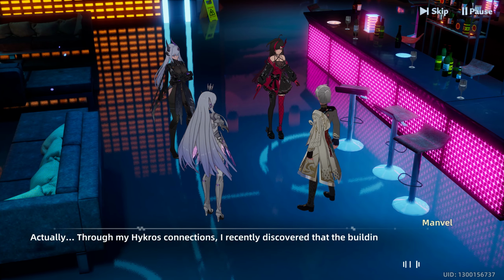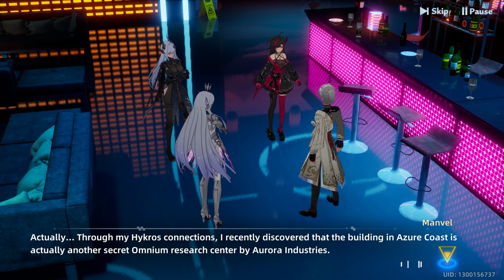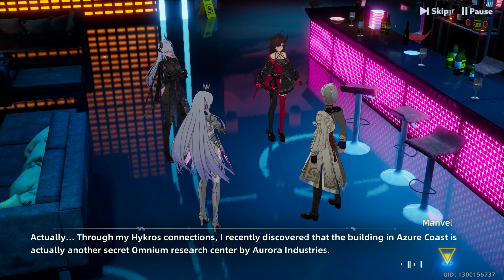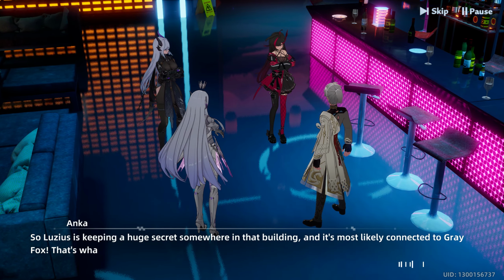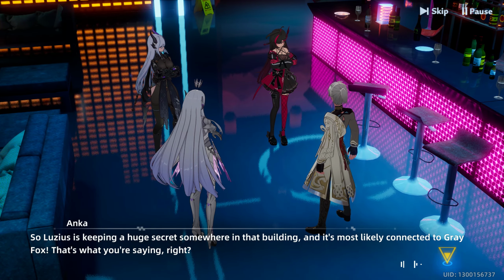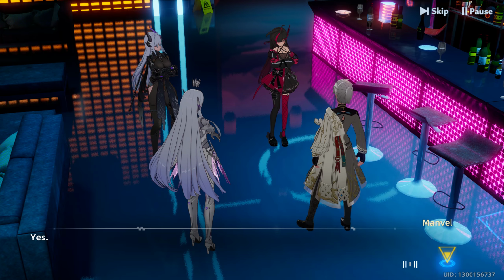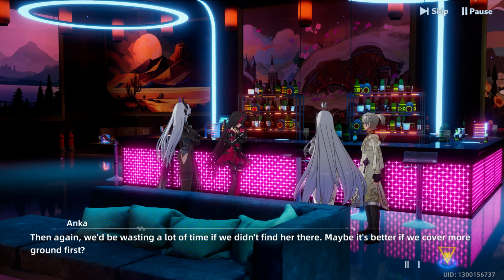Actually, through my High-Cross connections, I recently discovered that the building in Azure Coast is actually another secret Omnium research center by Aurora Industries. So Lucius is keeping a huge secret somewhere in that building, and it's most likely connected to Gray Fox. That's what you're saying, right? Yes. Then again, we'd be wasting a lot of time if we didn't find her there.